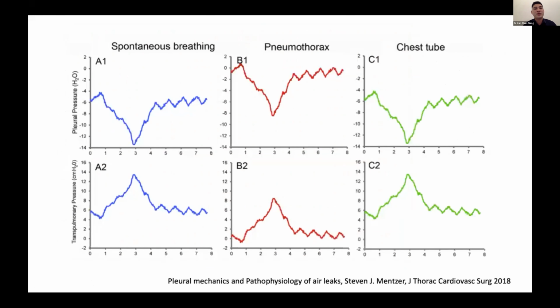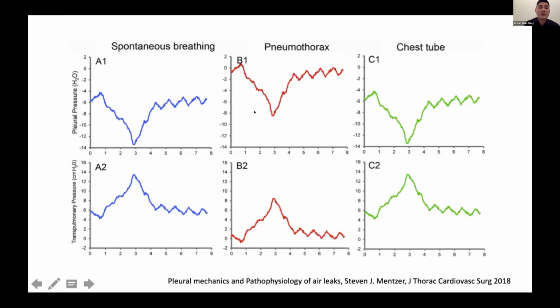This diagram shows different pictures of the transpulmonary pressure and the pleural pressure in three different groups. First, spontaneously breathing patients. Second, patients with a stable 20% pneumothorax, which is undrained. And third, patients with an ongoing air leak treated with a chest tube. As you can see, this is the normal diagram of how pleural pressure is.